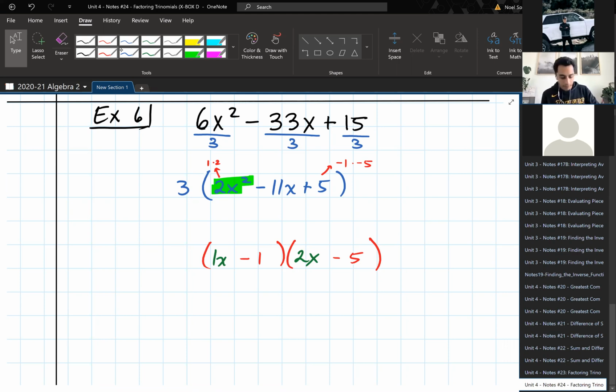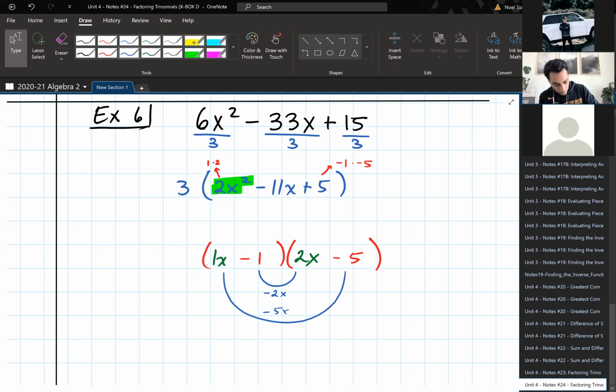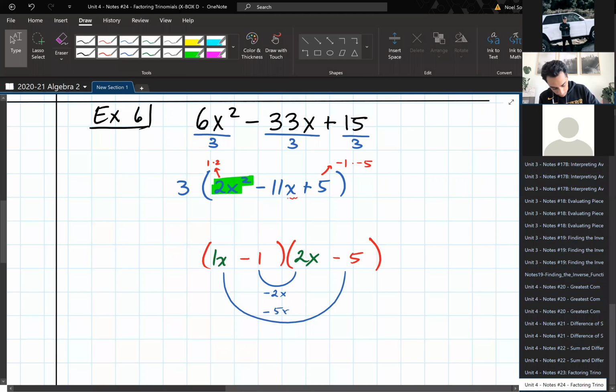Yeah, I can preview ahead and see that's going to give us negative 2x, and that's going to give us negative 5x. That doesn't add up to be negative 11x, right? Because what I'm trying to get to is the 2x squared minus 11x plus 5, which is what I'm factoring now. So I'm probably going to need to switch around the placement. I probably should have done negative 5 here, negative 1 here.